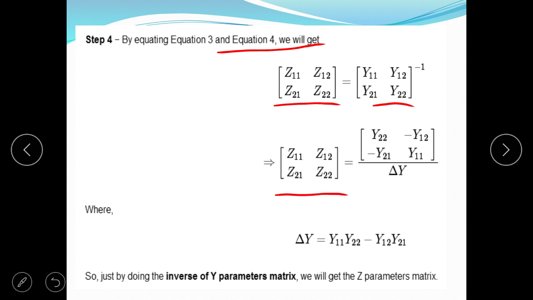So Z11 Z12 Z21 Z22 can be found from the parameters of the Y matrix: Y22, minus Y12, minus Y21, and Y11, divided by del Y. The value of del Y is Y11 Y22 minus Y12 Y21. So just by taking the inverse of the Y parameter matrix we get the Z parameter matrix.